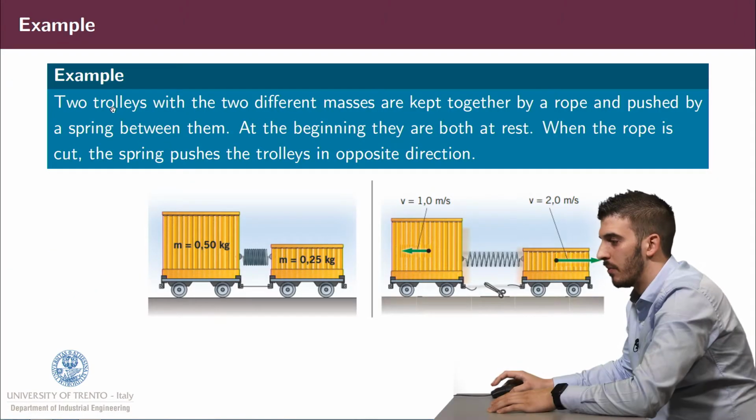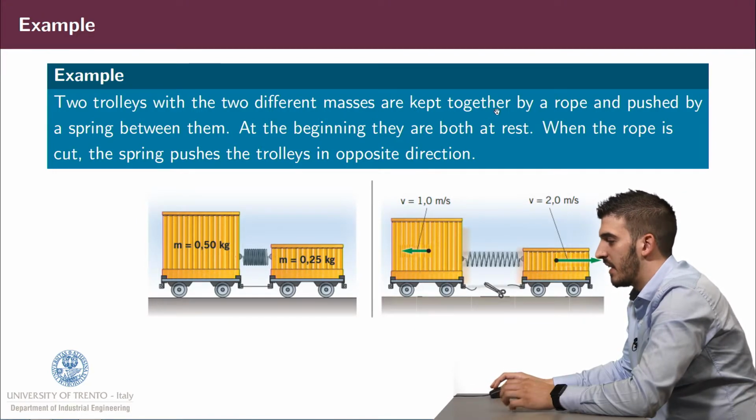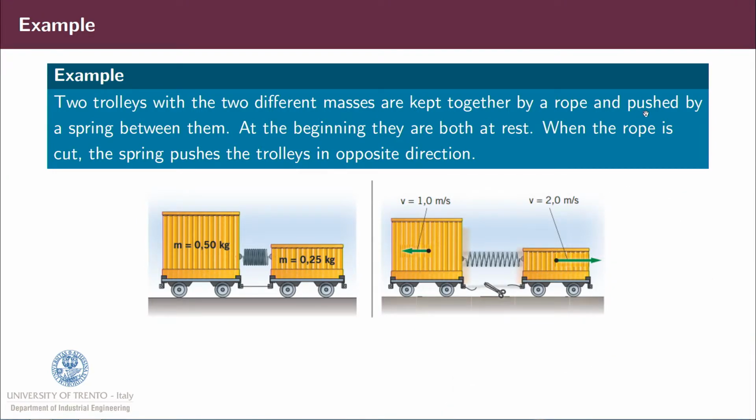Let's make an example. We have two trolleys with two different masses, and they are kept together with a rope, but they are pushed away with a spring. At the beginning, they are both at rest, but when the rope is cut, the spring pushes the trolleys in the opposite direction.